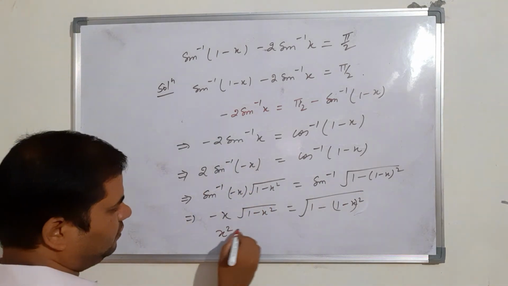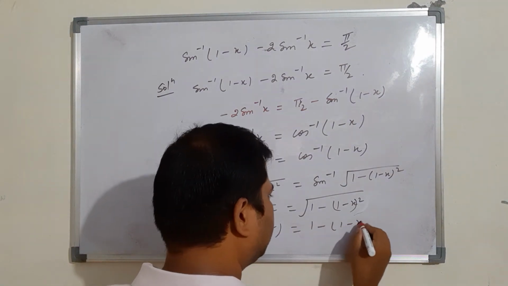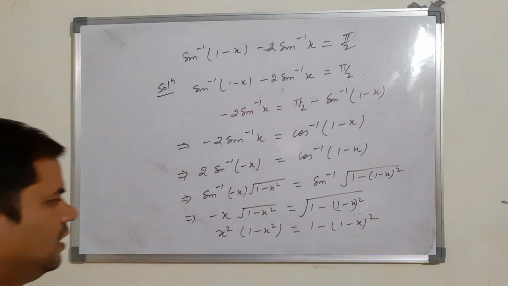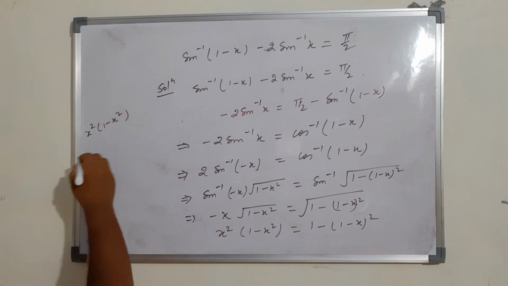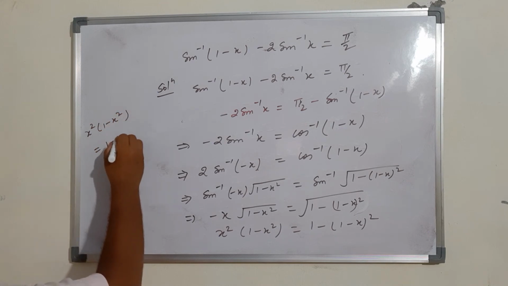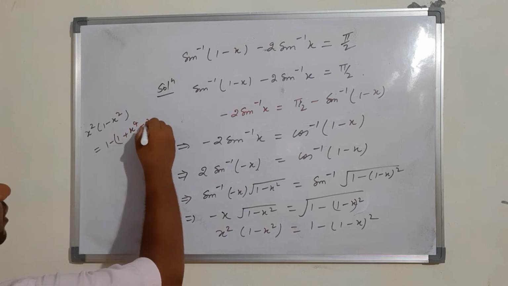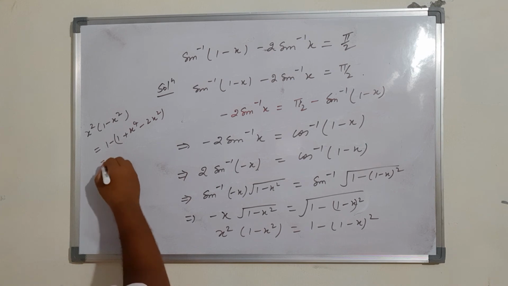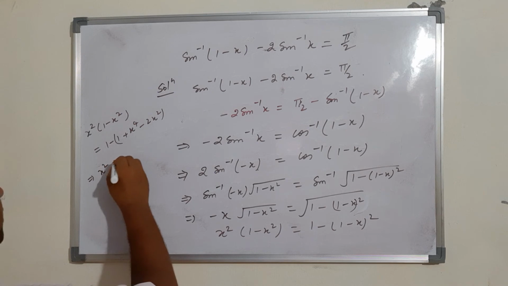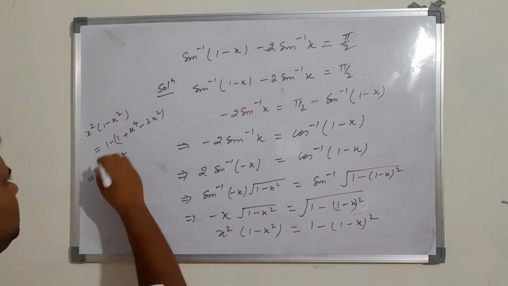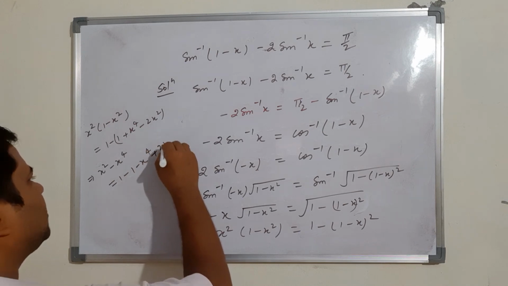On squaring both sides we get x square into 1 minus x square, and this is 1 minus of 1 minus x whole square, and you have to solve this one. So x square minus x to the power 4 is equal to 1 minus 1 plus x to the power 4 minus 2x square.